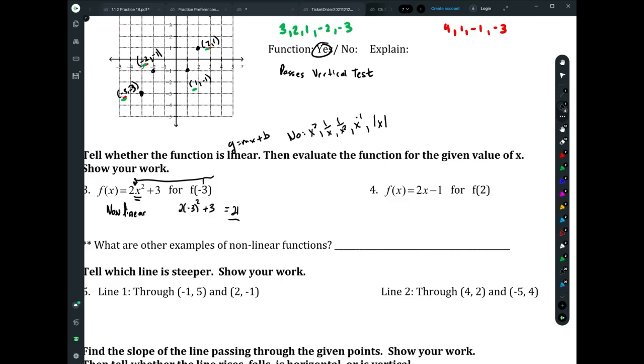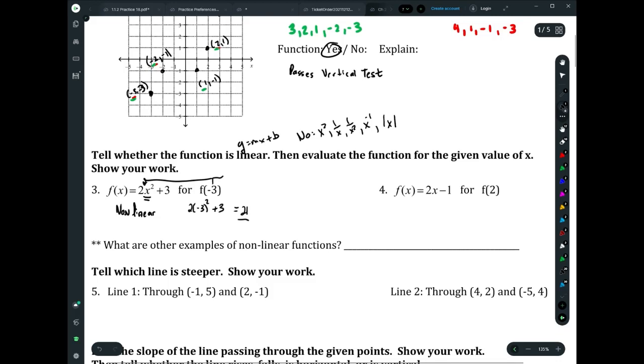This next one, 2x minus 1, is linear, because this is just y equals mx plus or minus b. When we evaluate it, it's just 2 times 2 minus 1, which is 4 minus 1, which is 3.